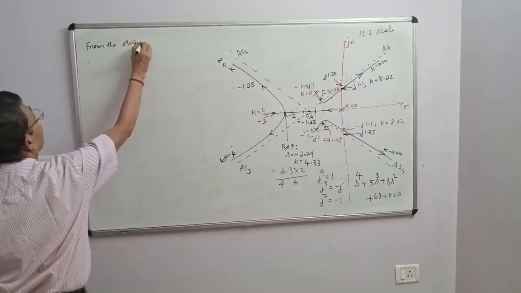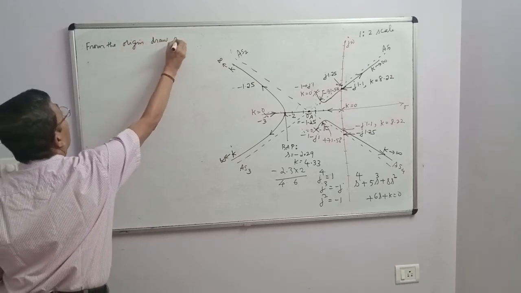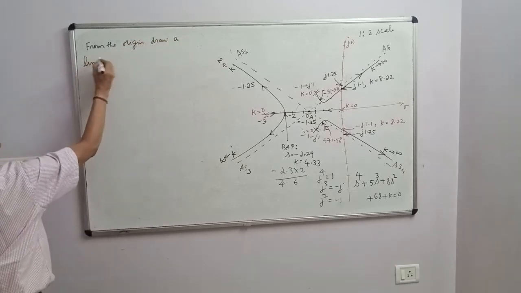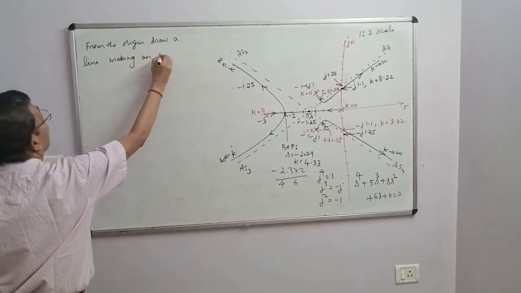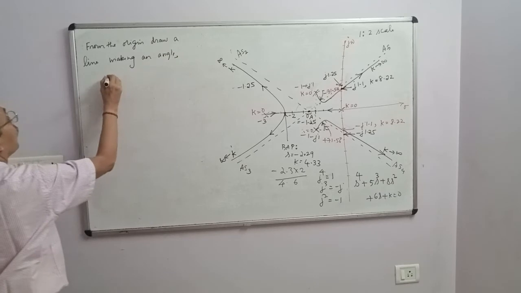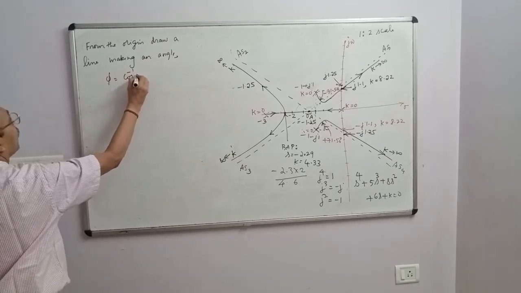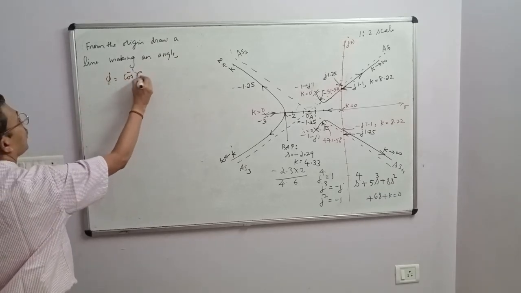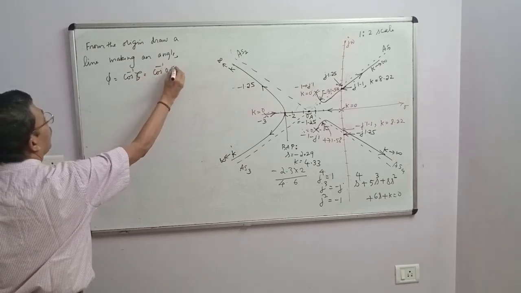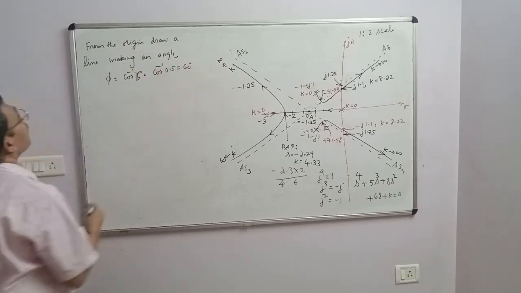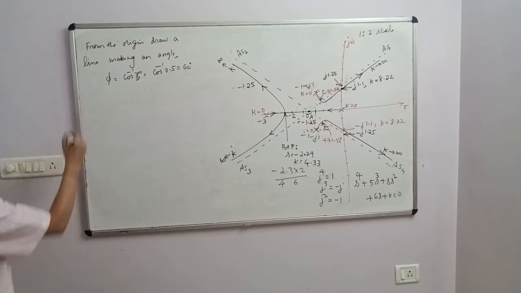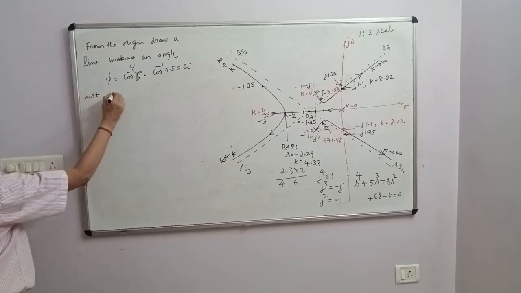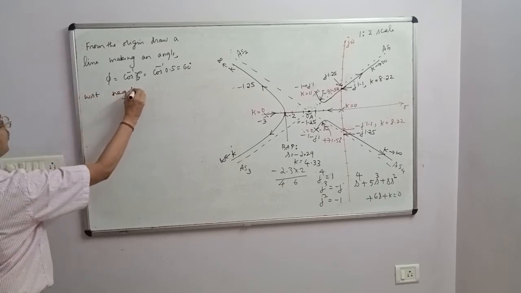From the origin, draw a line making an angle phi equal to cos inverse of zeta. Zeta is 0.5, so phi is 60 degrees with respect to the negative real axis.